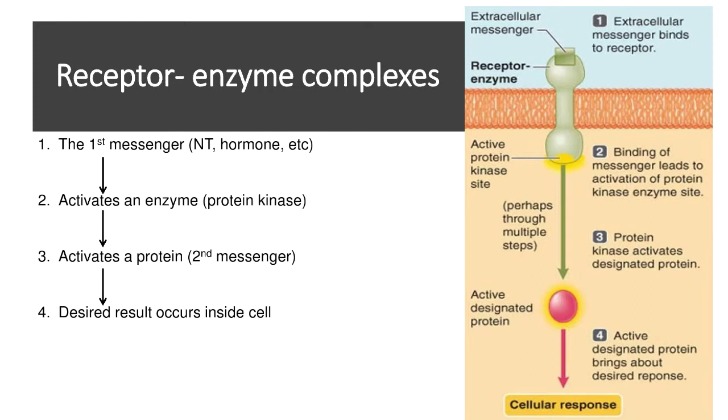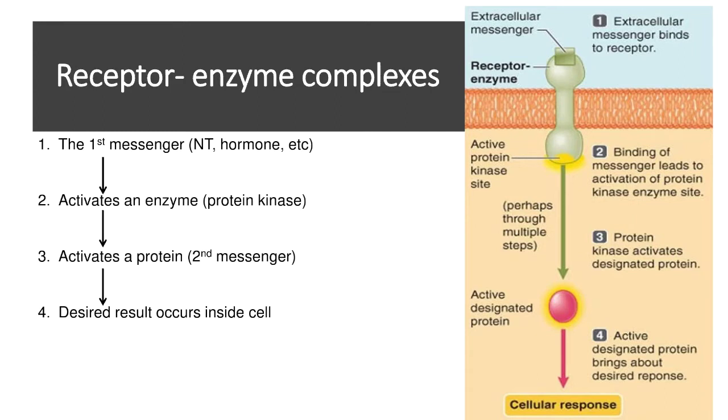Okay. And so in this case, the enzyme is a protein kinase. So you're going to hear this throughout the semester. A protein kinase is a type of enzyme that phosphorylates other enzymes. That means it adds a phosphate to them. So the enzyme, by adding a phosphate to them, ends up activating a protein inside of the cell.